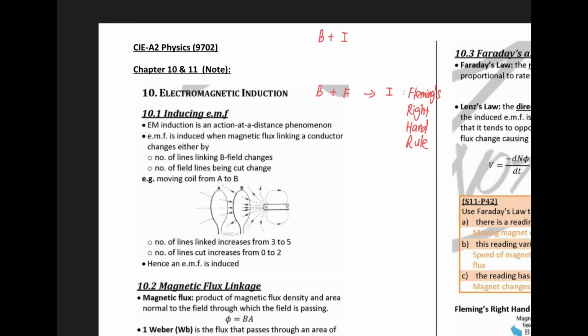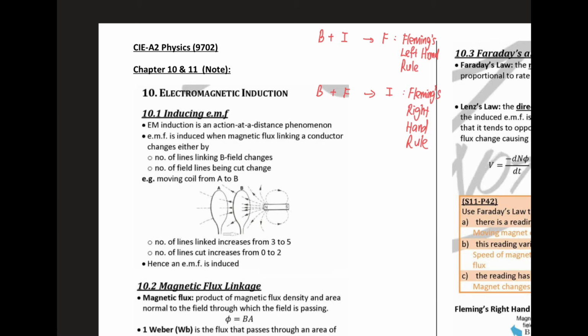They both create their own magnetic field, then they interact, then they create force. So in this case, we use Fleming's left hand rule. So this is the difference.